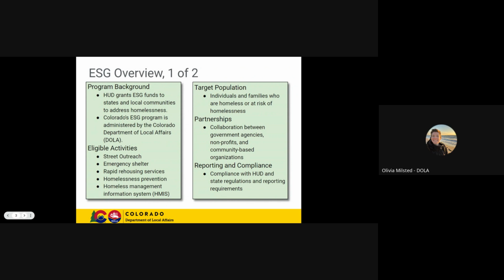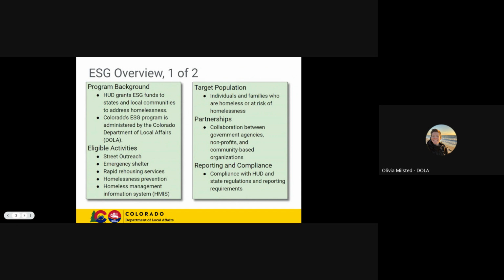So hopefully many of you are familiar with what ESG is, but for a little bit of program background, HUD grants ESG funds to state and local communities to address homelessness within those communities. And the Colorado ESG program is administered by the Colorado Department of Local Affairs, or DOLA.